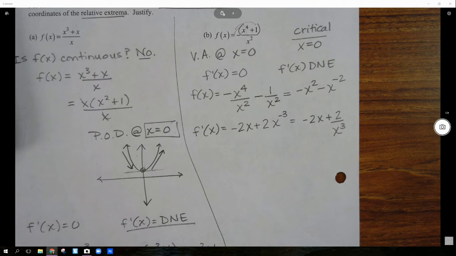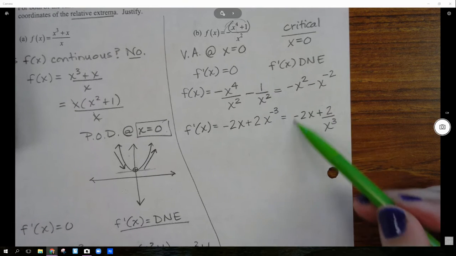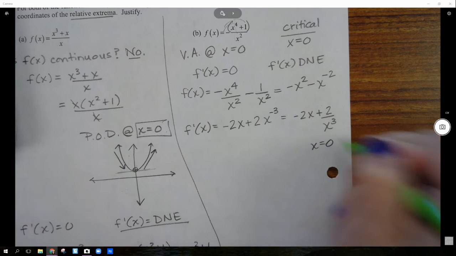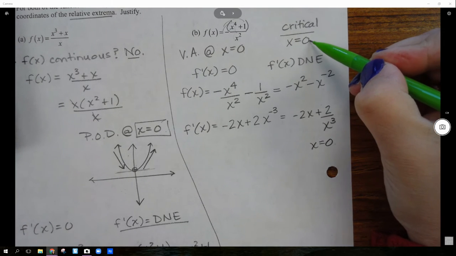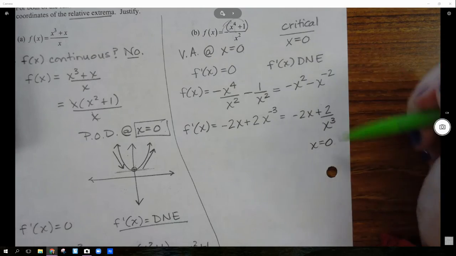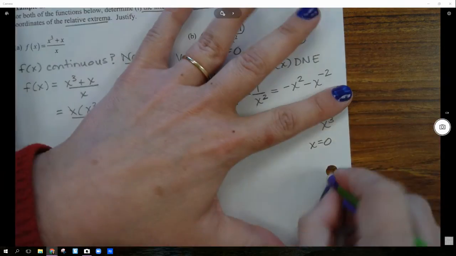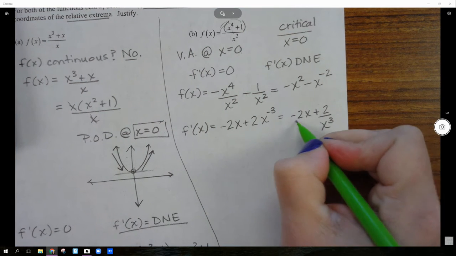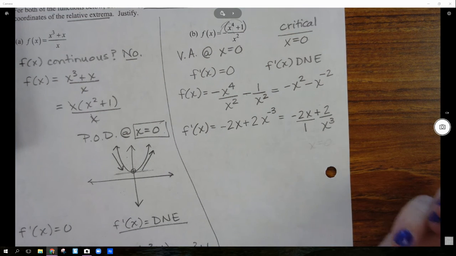We can see that the derivative is not going to exist at x equals 0, which comes back to that vertical asymptote, so that should make sense. We already have that listed as a critical value, so I'm not going to list it again. But we do need to combine these so that we can set the derivative equal to 0.